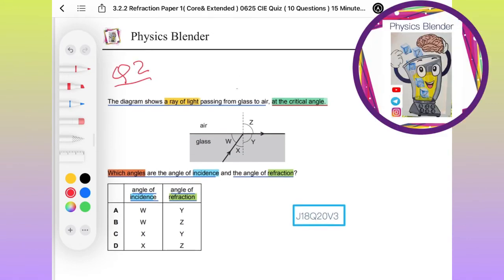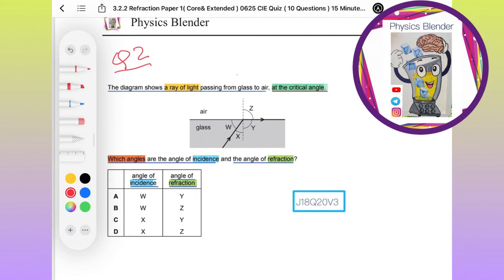The diagram shows a light ray. Okay guys, this is repeated in your homework, but I will answer it quickly. For the angle of incidence, you have to follow the arrow. So the light ray travels passing from denser to less dense medium, and you have here X, and it's mentioned at the critical angle.